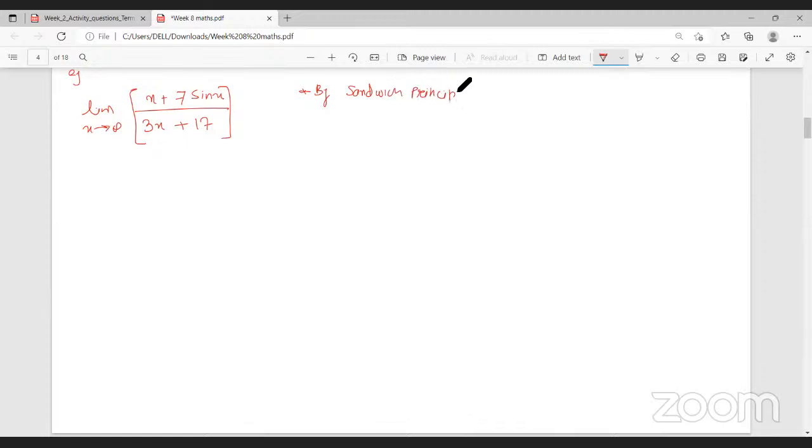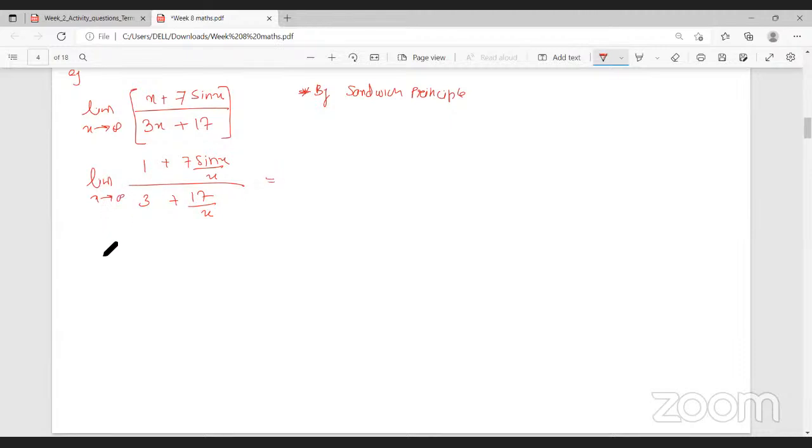Divide both numerator and denominator by x. So what I will get is 1 plus 7 sin x by x, over 3 plus 17 by x, right? Then I can apply the limit.